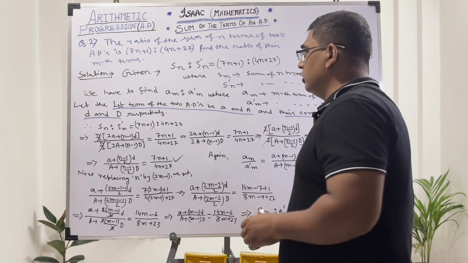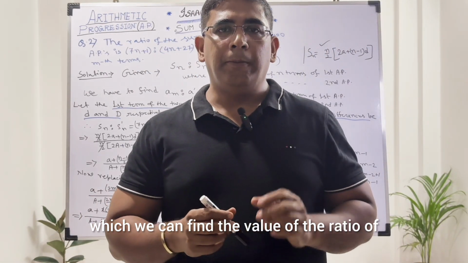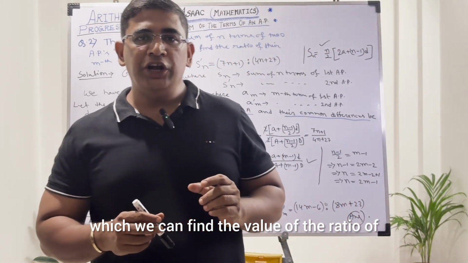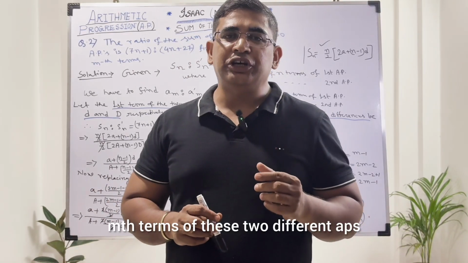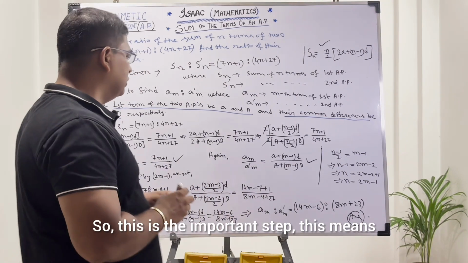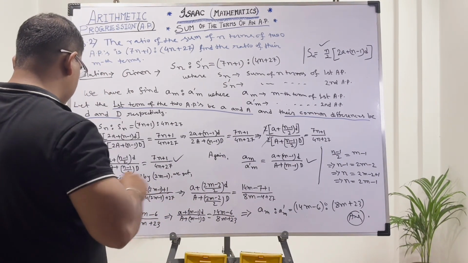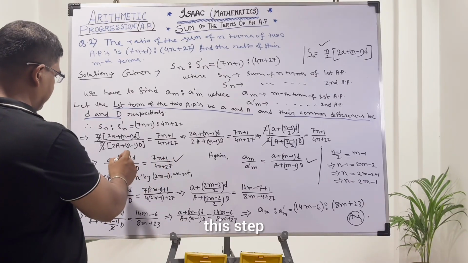Okay. So this is the way by which we can find the value of the ratio of mth terms of these two different APs. Okay. So this is the important step. This means this step.